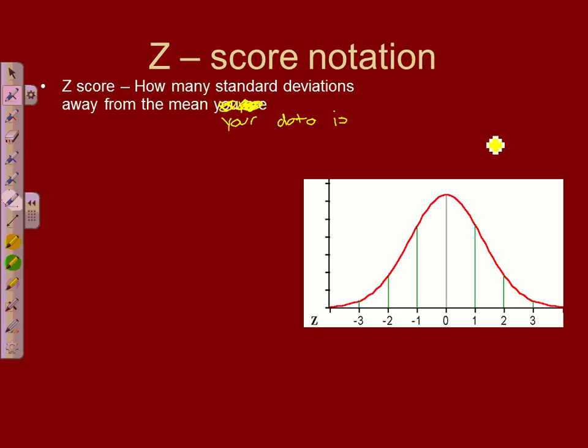Okay? So if I say z equals 1.2, this means whatever the data you're talking about, your data is 1.2 standard deviations greater than the mean. This is a point.